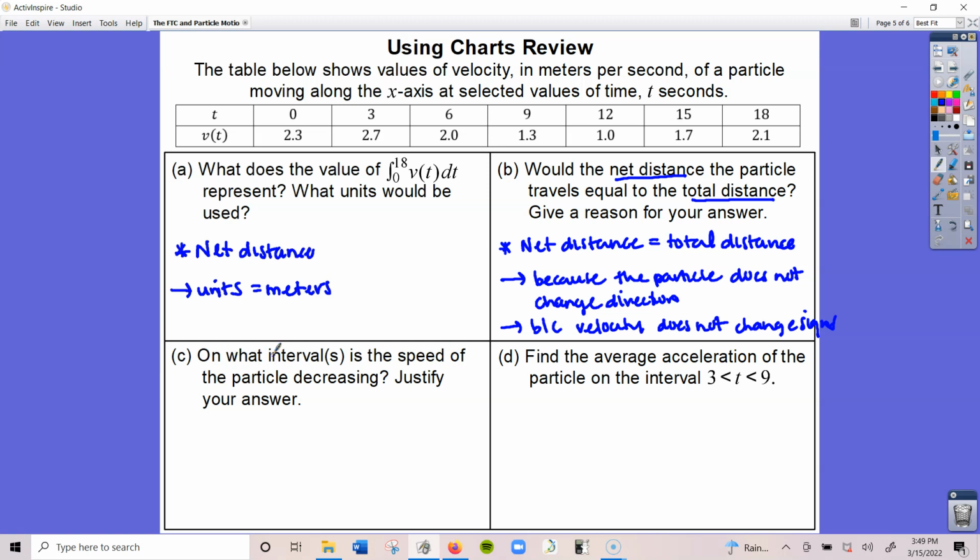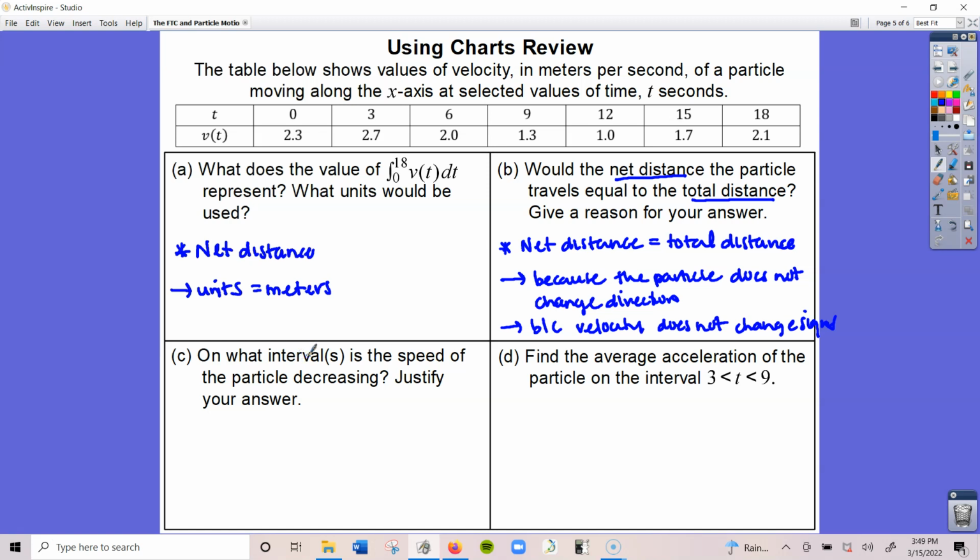For part C, on what interval is the speed of the particle decreasing, and justify. So keep in mind, when we're doing these questions, even though we've already finished our derivatives unit and we're now on integration, derivatives still come back a lot because they are all mixed in together along with these questions. So we do need to remember the things that we learned from derivatives.